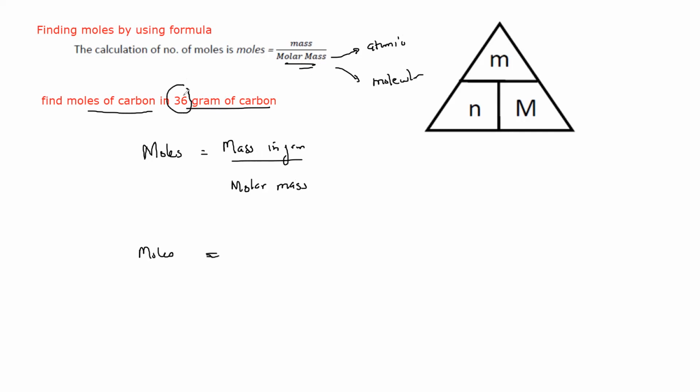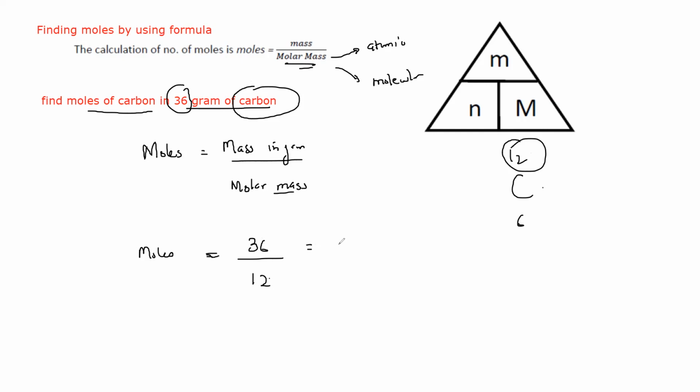Now what is the mass in gram given? The mass in gram, that is 36, divided by molar mass. Molar mass here, the mass of carbon. What is the mass of carbon? For that you have to check a periodic table. When you see the periodic table, you will find carbon mass is 12. So it will be 36 divided by 12.